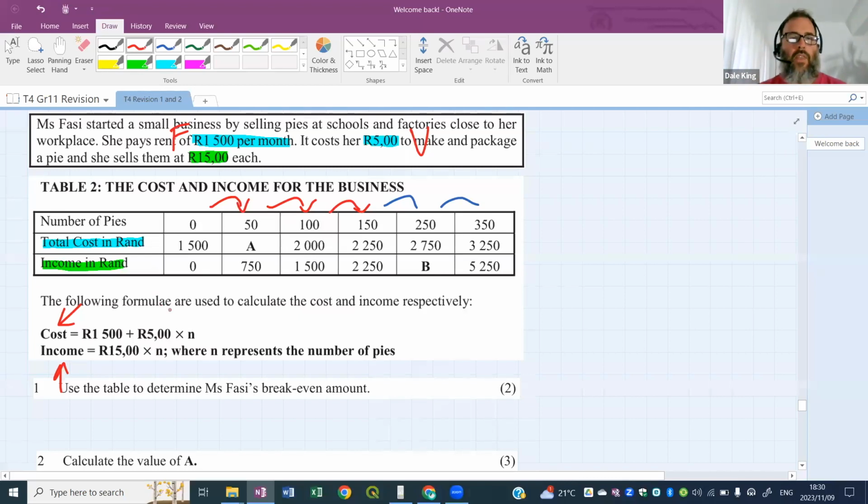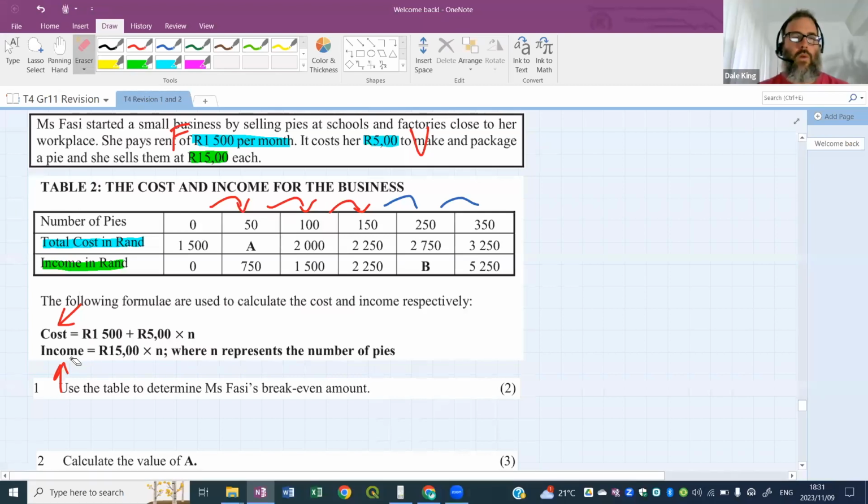Now, they have called the pies, I don't know why they used N, but they said N is pies. I would have used a P, personally. N represents the number of pies. Okay, so the equation can be built with a variable. Don't be scared of the variable. It's just representing the number of pies we have.